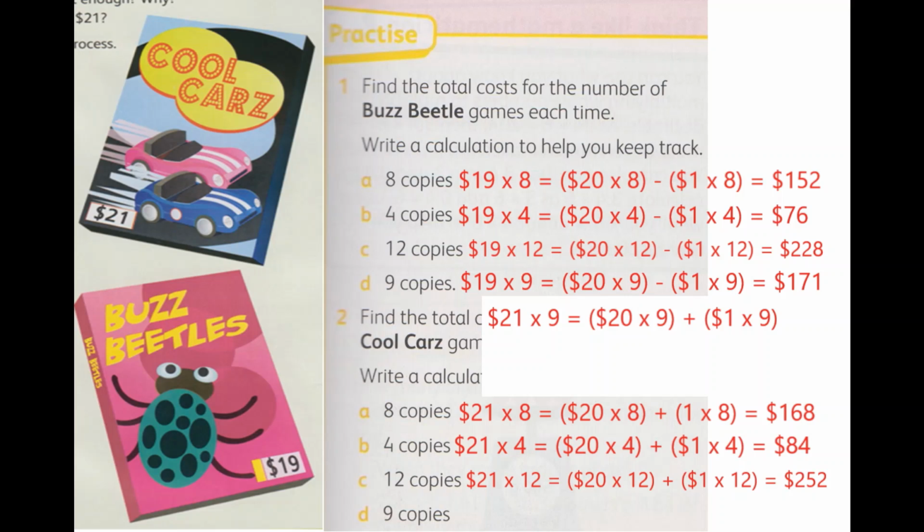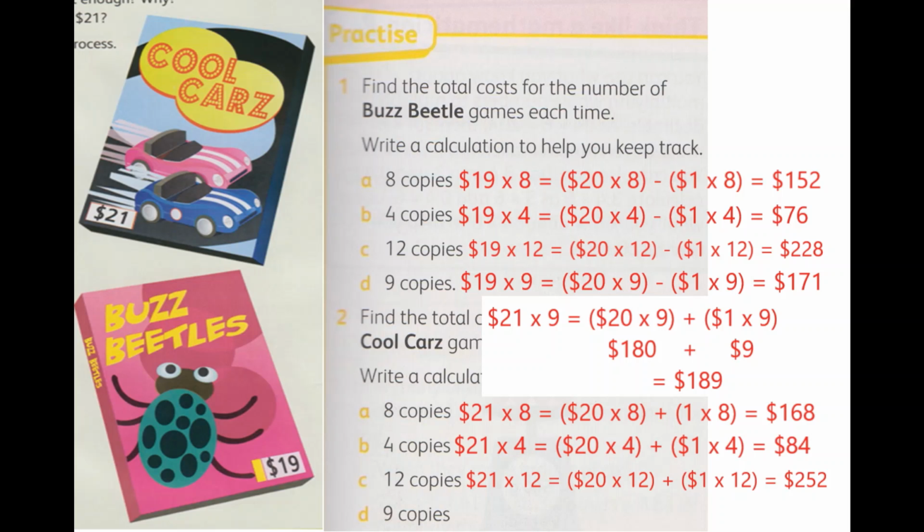So hence us adding it. Okay, so again, just keep that in mind. I'm just reminding you. So $20 times 9 equals $180 plus $1 times 9, which equals $9. So you got $180 plus $9, which gives us a total of $189.